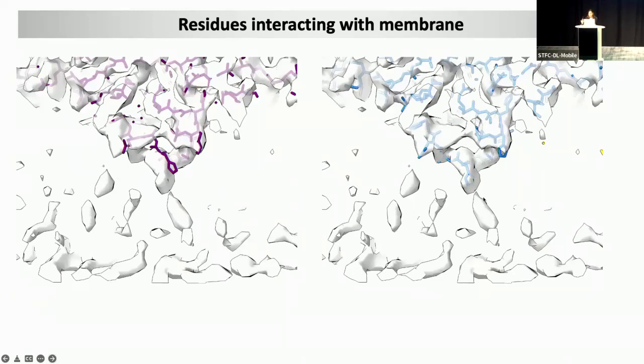This is quite nice because it fits with the biochemistry, because we know that we need negatively charged phospholipids for this binding to occur. And here we can really see that the positively charged residues are pulled towards the membrane. So that's quite nice to see.